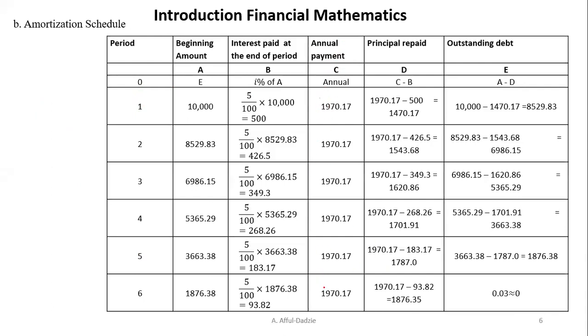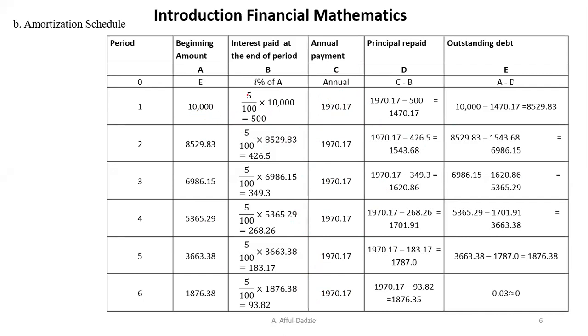The annual payment is the same over the time frame, so just fill it through, so that in case you mess up everything else, at least you won't get 0. You will have one column correct. All right, so at the end of period 1, our loan is still 10,000 cedis.